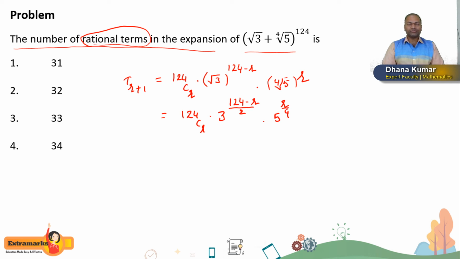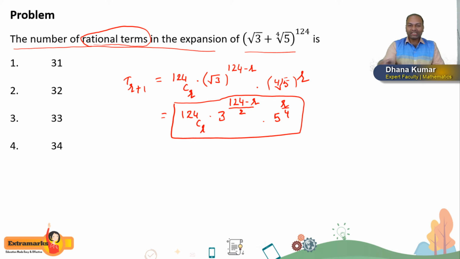Okay, right. Anyhow, observe this, rational term. When we say this complete term is rational, that is our important point. Anyhow, 124Cr is a rational number. Fine. Next, the complete term is rational only when this power and this power values must be integers. Is it correct or not?